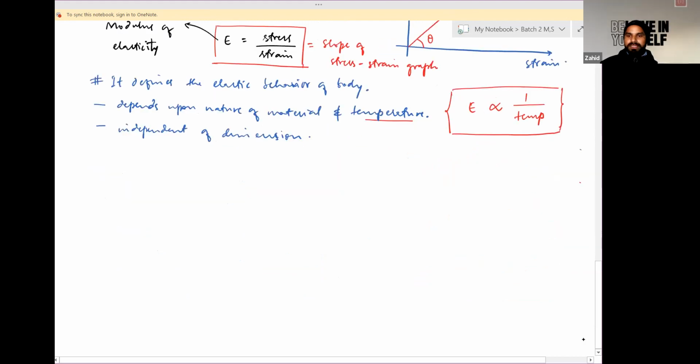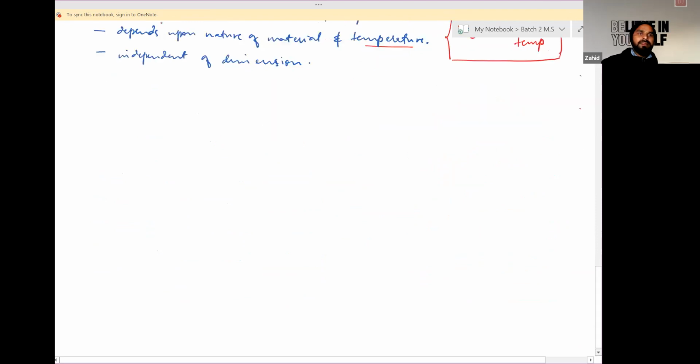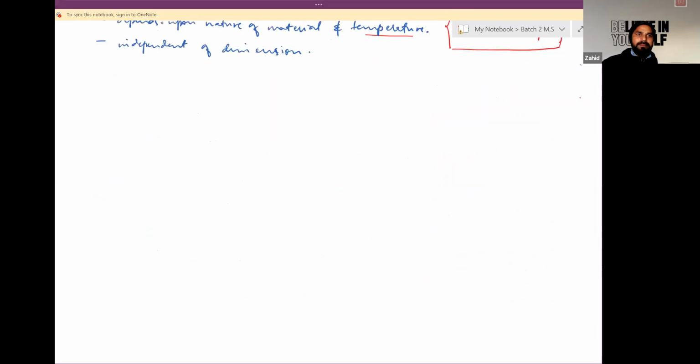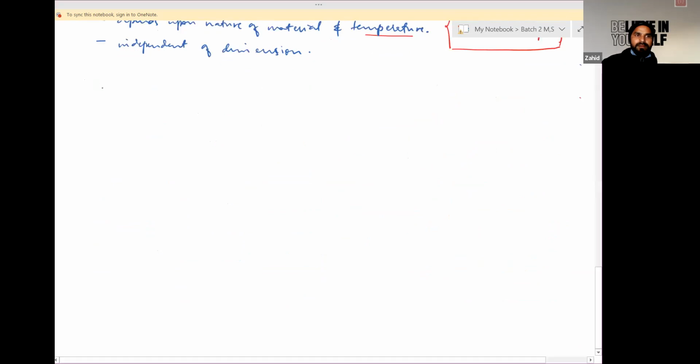Now, on the basis of these three different terms, we may define its types. First, suppose you have a rod.